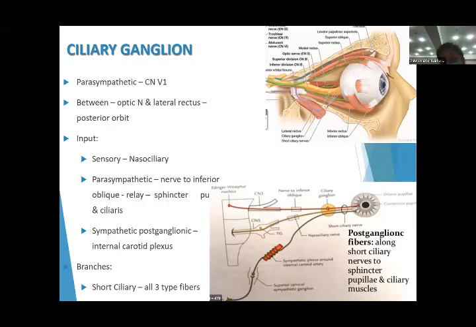So जो nerve to the inferior oblique है, इससे fibers जो हैं, they go to the ciliary ganglion.